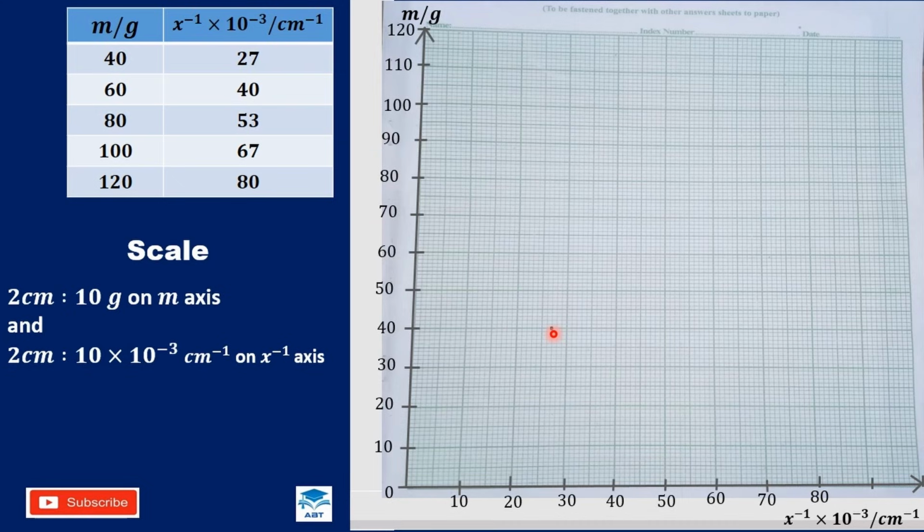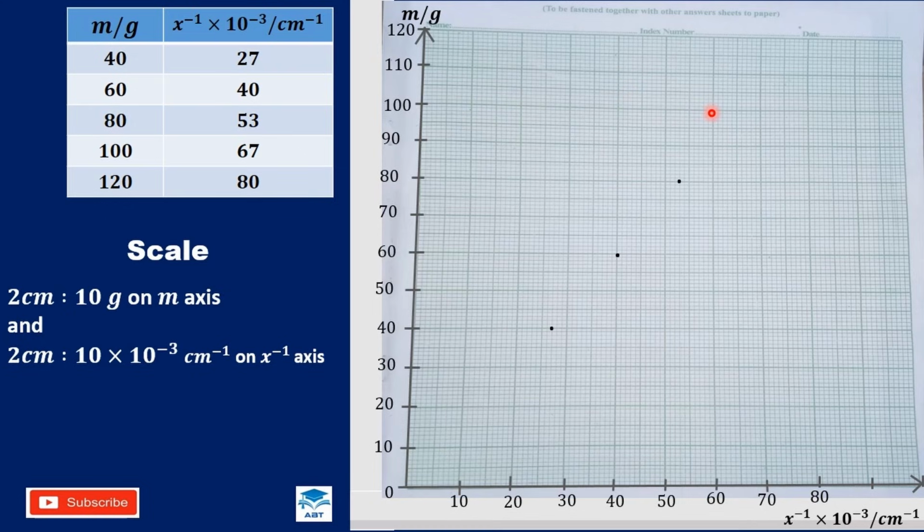The next point, we have 60 on the vertical axis and 40 on the horizontal axis, meeting here. The next one, 80 on the vertical axis, 53 on the horizontal axis. This is 50. We count 3 more boxes to the right and we have the point here. The next one, 100 on the vertical axis and 67 on the horizontal axis.